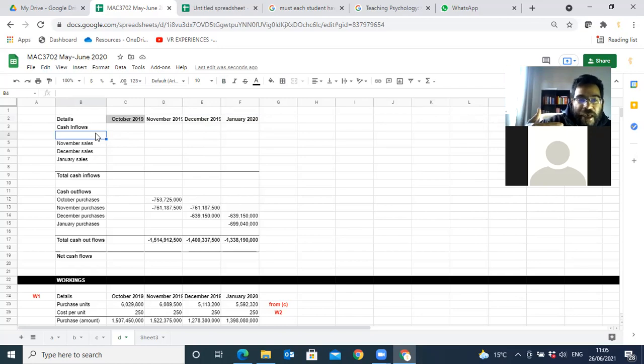So just remember that. If your cash flows run over 2 months, cash flows that fall into the first month of your budget period will relate to 2 months prior. In this scenario, it only falls into 1 month after, so cash flows falling in this month relate to 1 month prior. Just remember that rule.